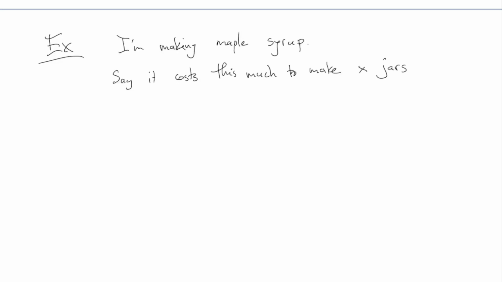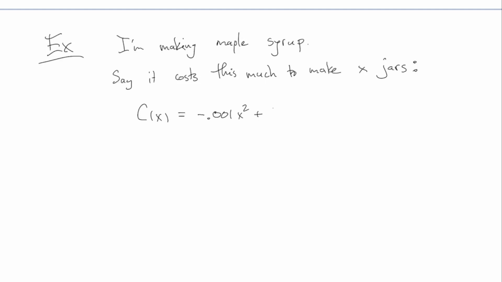I put them in little glass jelly jars, because maple syrup takes a long time to make even a little bit, and so I don't make very much from this one tree. Let's say that it costs this much to make x jars. My expenses really is just the power. All you do is take the stuff out of the tree and then boil it for a long time, and I do it on my gas grill. Grilled maple syrup.